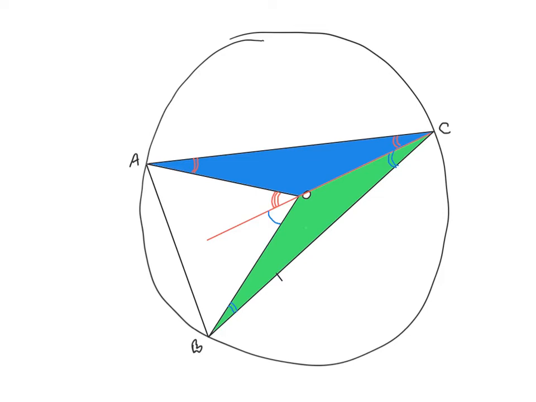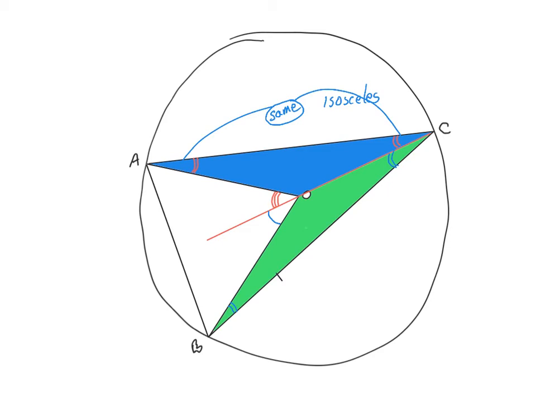But we know, don't we, because we know that these green and blue triangles are both isosceles, and so this angle and this angle, they are the same.